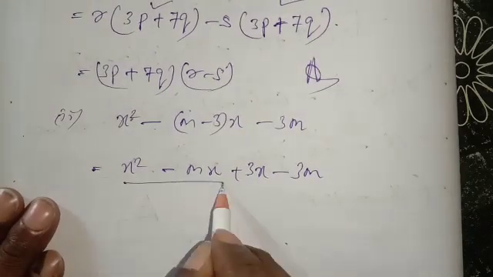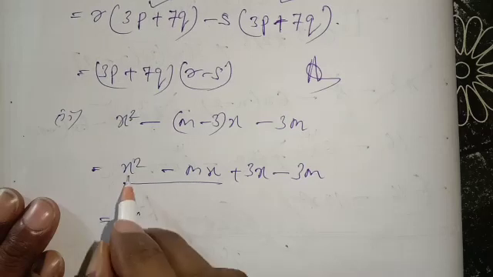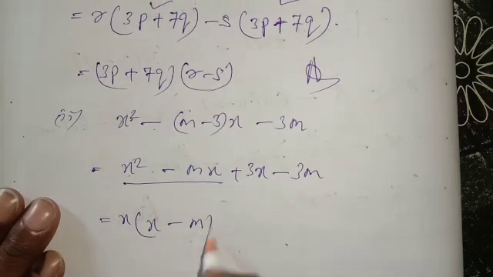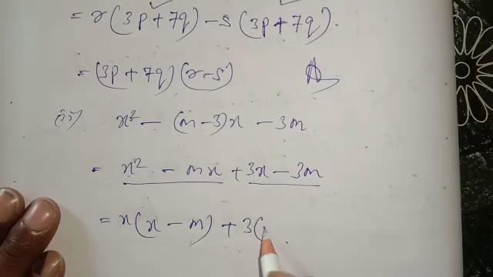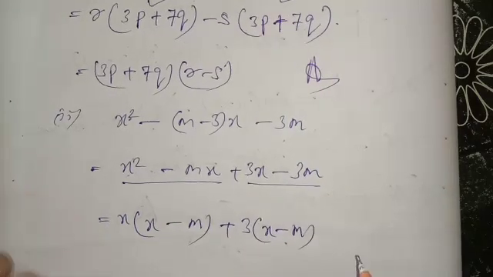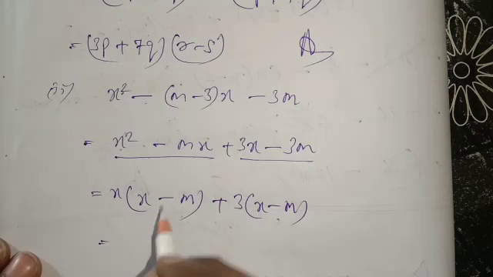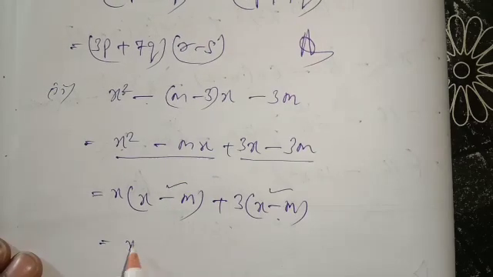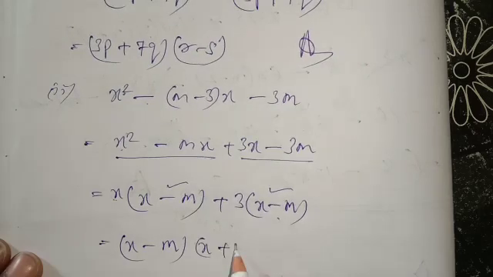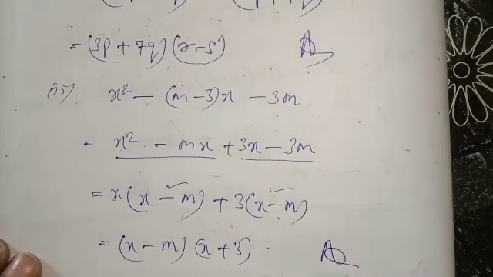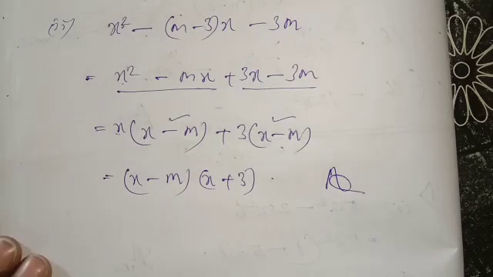From the first two, you have to take x common. What is left here? x minus m, x minus m. From the last two you have to take 3 common, x minus m. x minus m, take it outside. What is left? x plus 3. In this way, number 2 second part is also completed.